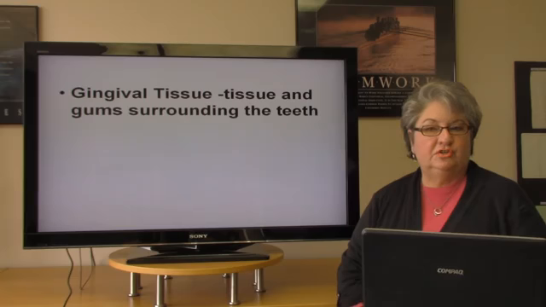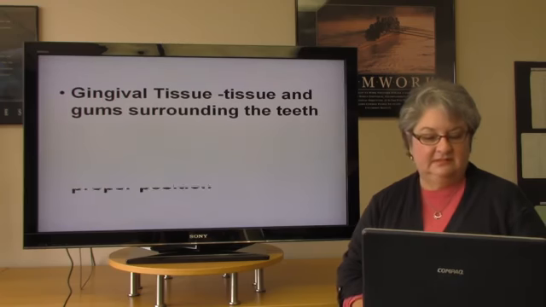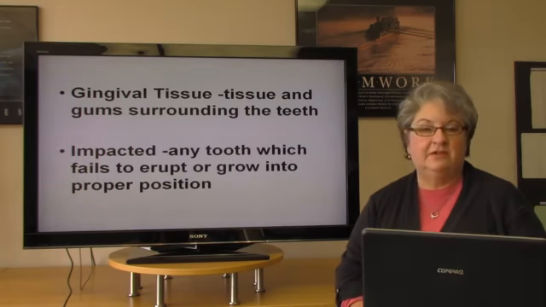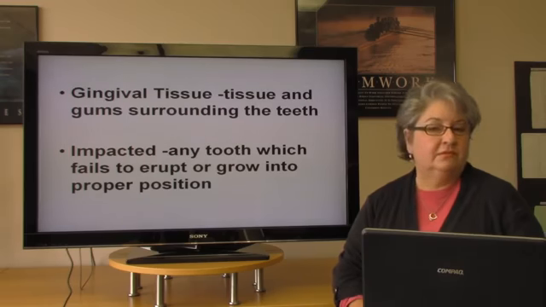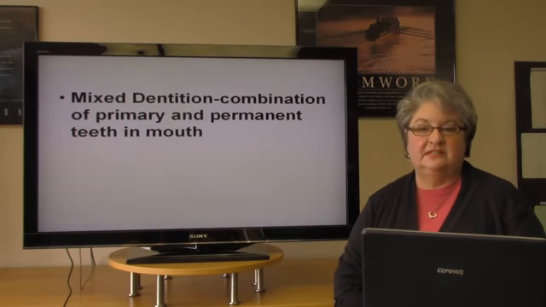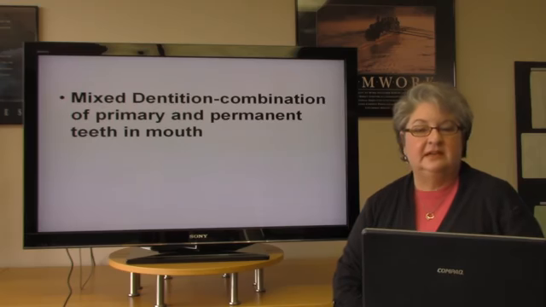The gingival tissue is the soft tissue that is surrounding the teeth, otherwise known as the gums. Impacted means any tooth which never came through or never grew into proper position. Mixed dentition is the combination of both primary and permanent teeth and is in most adolescents.